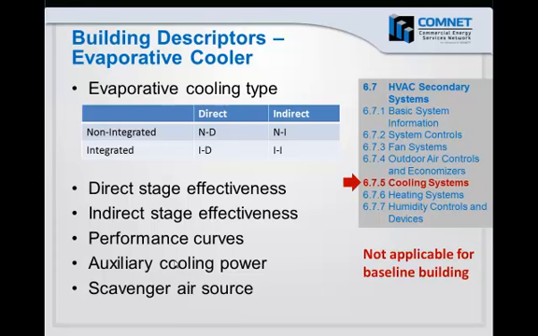There's performance curves that modify the effectiveness for part load conditions. And there are other building descriptors dealing with auxiliary cooling power and any scavenger air source that's used.